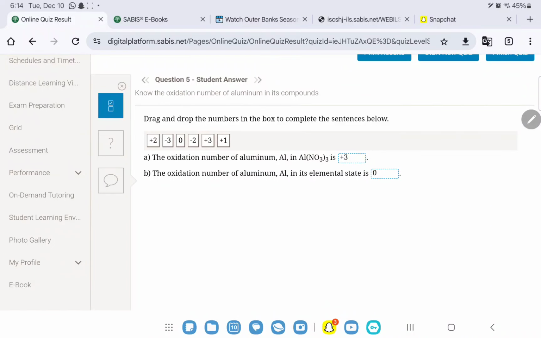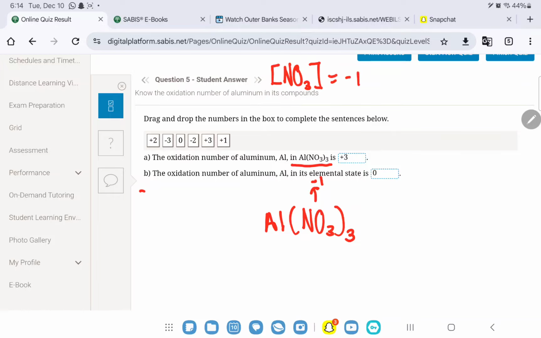Now let's move on. Here you need to calculate the oxidation number of aluminium in Al(NO3)3. What that means is we need to know, because we had them memorized last year, most of you forgot it, but NO3 actually has a charge alone of -1. All of NO3 comes in one group and it's -1 as an oxidation number.